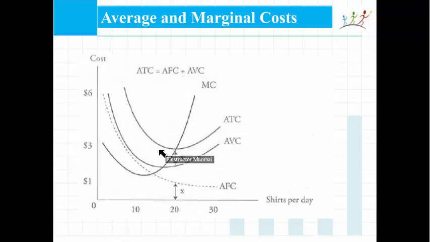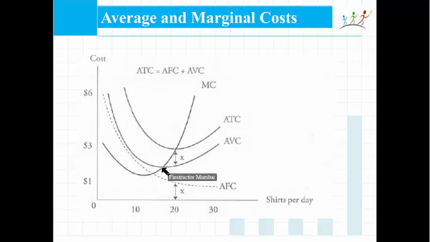So remember the properties of the cost curves. Marginal cost, average variable cost, and average total cost are all U-shaped curves. The average variable cost and the average total cost curves are cut by the marginal cost curve at their lowest points.